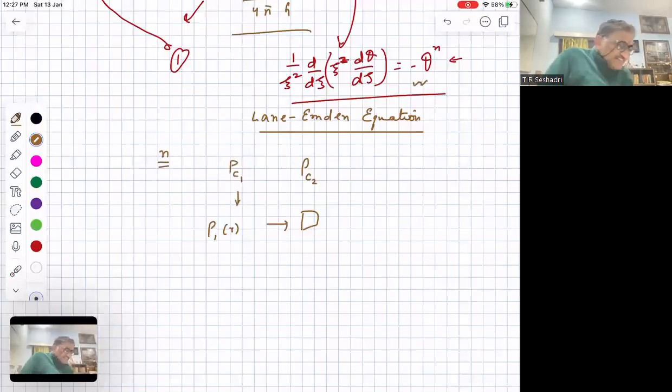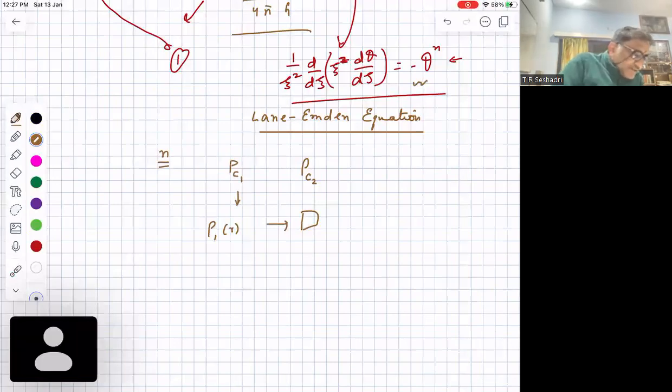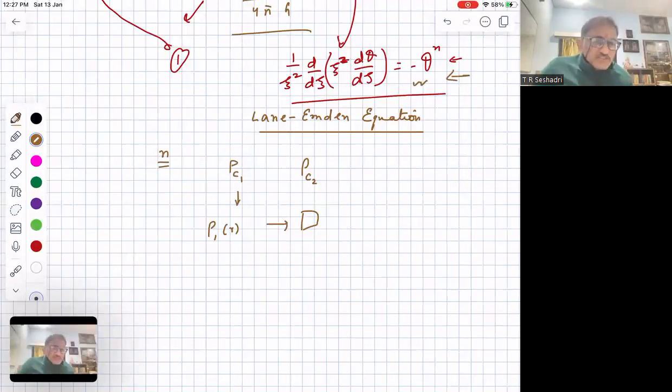Do you understand this? Because this equation does not depend on the size of the system or the central density of the system, nothing, because this has been written in a dimensionless form.